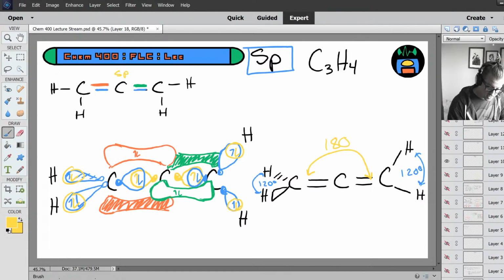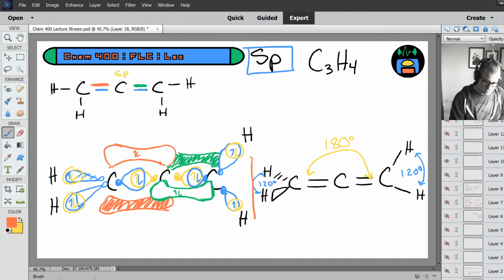But the carbon-hydrogen sigma bonds are not all in the same plane, because in order to form the two pi bonds, the central carbon makes one pi bond with pz and one pi bond with px, and those are perpendicular to each other.